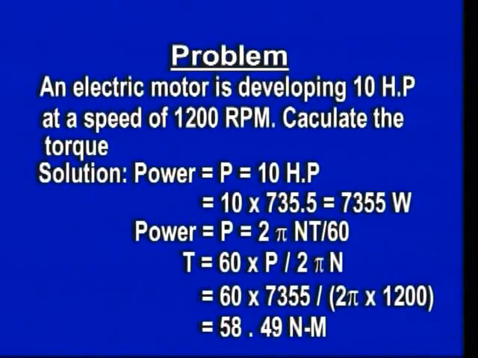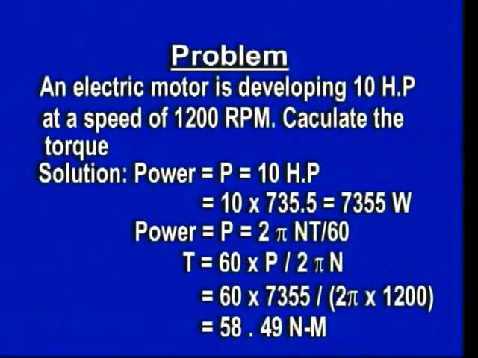Let us see an example. Let us consider this problem. An electric motor is developing 10 HP power at a speed of 1200 rpm. Calculate the torque. Let us solve this problem. Power is equal to 10 HP. As 1 HP is 735.5 watt, so 10 HP becomes 10 into 735.5, that is 7355 watts.